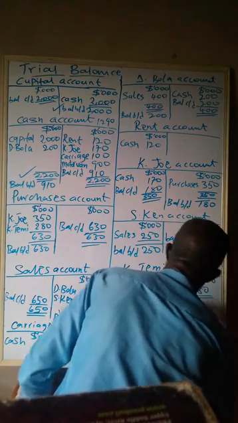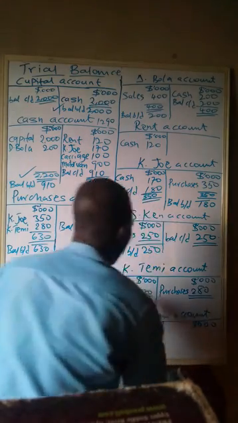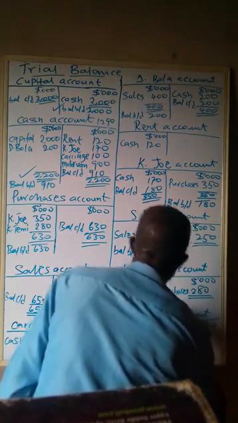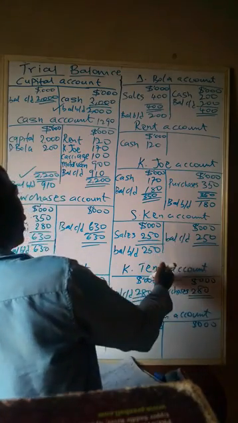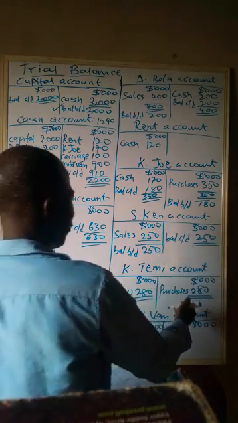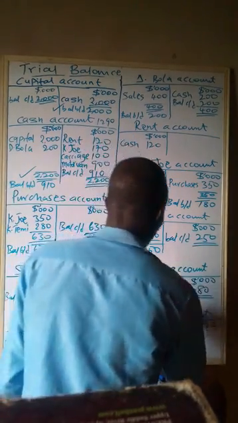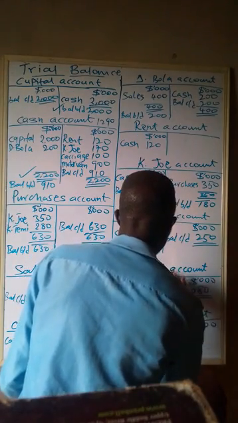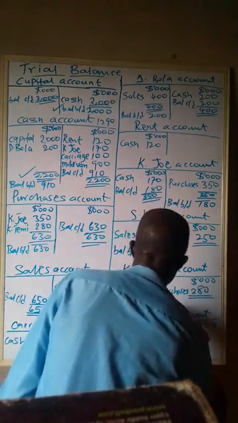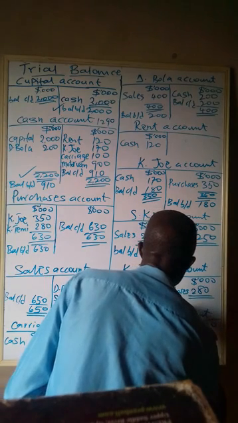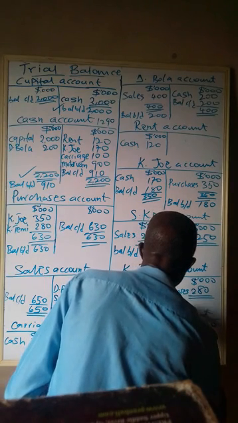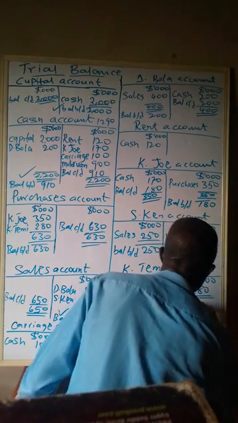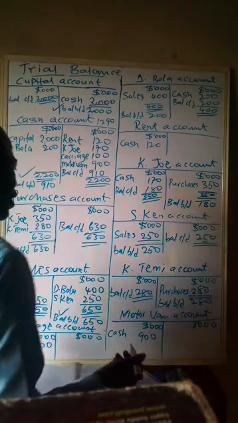I balance it off, and I bring my balance BD here, because it's a liability account. So the balance is our creditor. The balance BD come to credit side, and that is 280. We have not paid him.